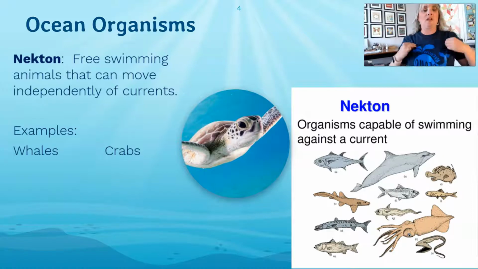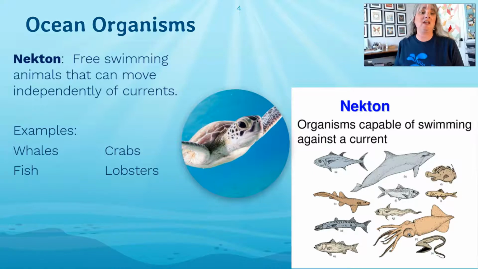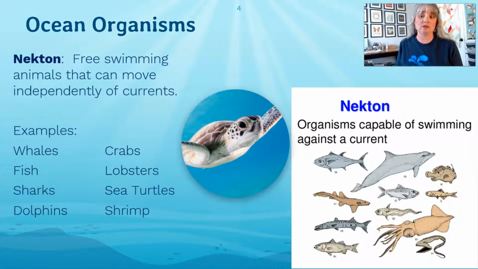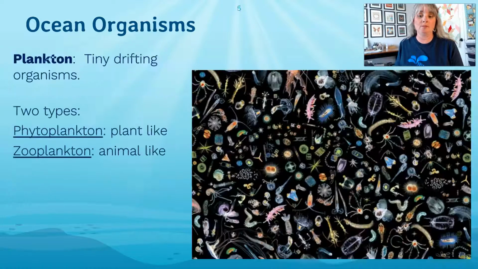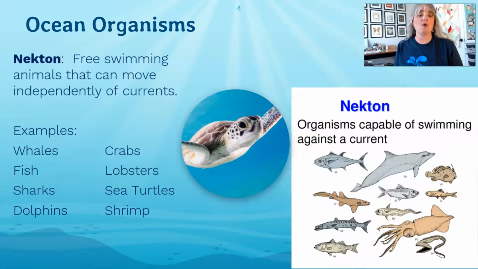Whales, I've got my whale shirt on, crabs, fish, lobsters, sharks, any kind of shark, sea turtles, dolphins, shrimp. Anything that can basically swim is going to be a nekton, which is an animal that can swim not anywhere it wants to, but it can swim with and not be moved by a current.